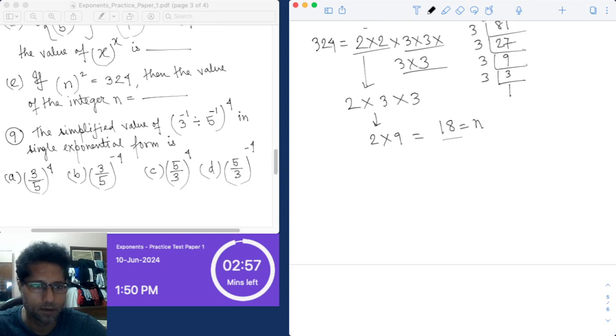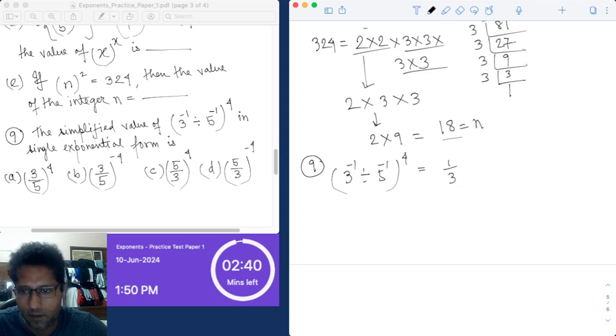Question number 9. The simplified value of this: (reciprocal of 3 divided by reciprocal of 5) whole to the power 4. So this is (1 by 3 divided by 1 by 5) whole to the power 4.